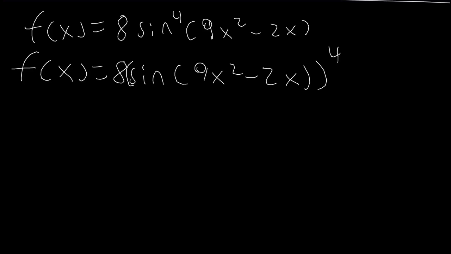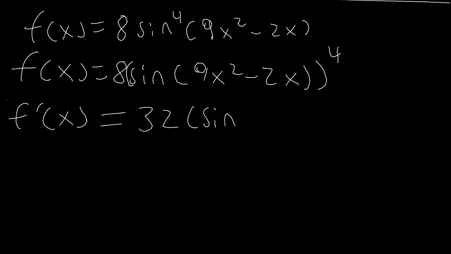So using the general power rule, it's going to be 32, because 8 times 4 is 32. 32 times sine of 9x squared minus 2x. And then this is to the power of 3. Now we take the derivative of this portion.